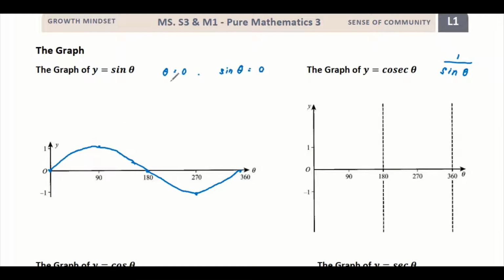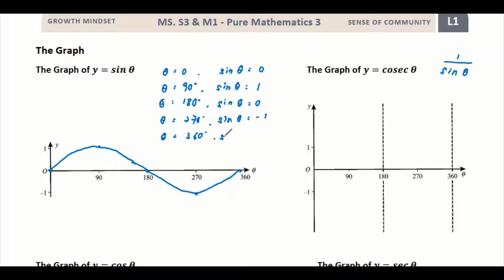When theta equals 90, sine theta is 1, correct? When theta equals 180, sine theta equals 0. When theta equals 270, sine theta equals -1. Theta equals 360, and sine theta equals 0.